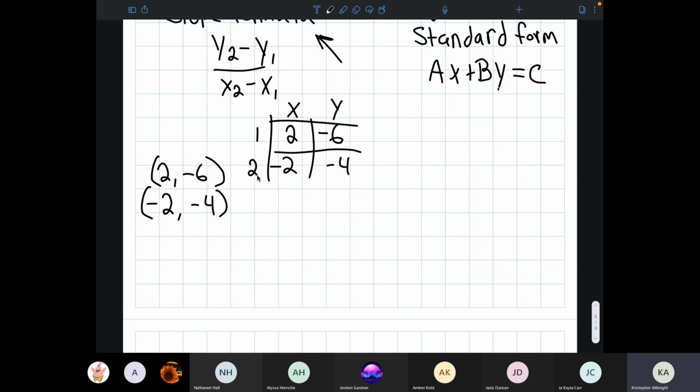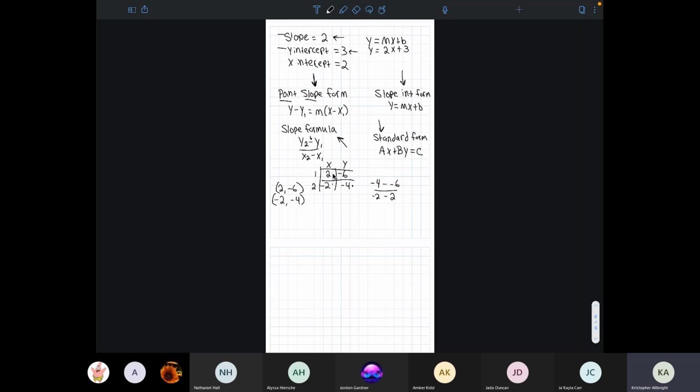Okay, so going from here, we're going to plug this into the slope formula. So we find y2, -4 minus, because that comes straight from the formula up here, y1, -6, over -2 minus 2, x2 minus x1.